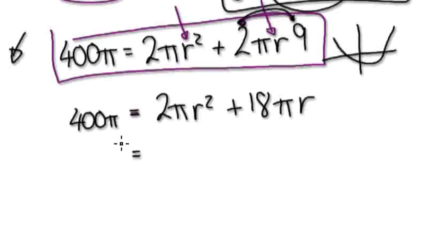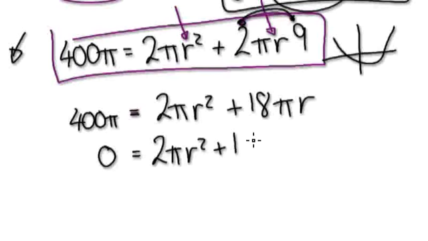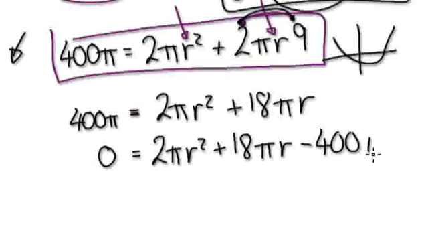Take away 400 pi from each side, so this would be 0 equals 2 pi r squared plus 18 pi r minus 400 pi.